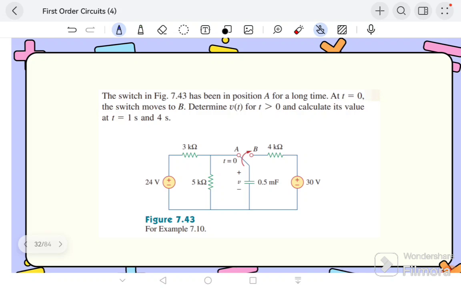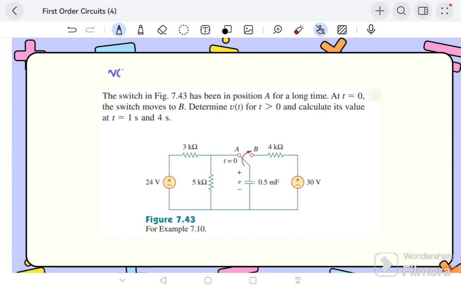Problem 7.43: the switch in the figure has been in position A for a long time. At t equals 0, the switch moves to B. Determine V of t for t greater than 0 and calculate its value for t equals 1 second and 4 seconds.